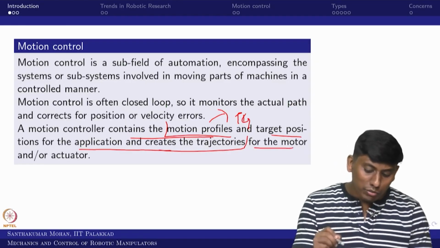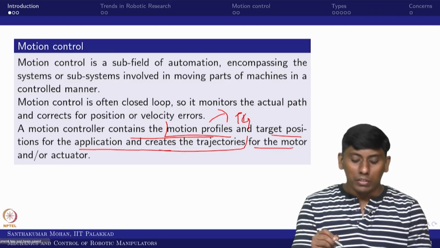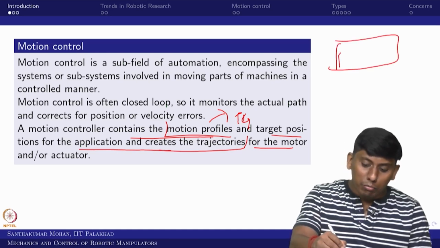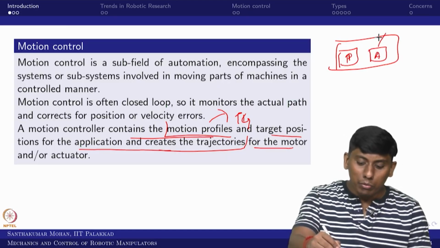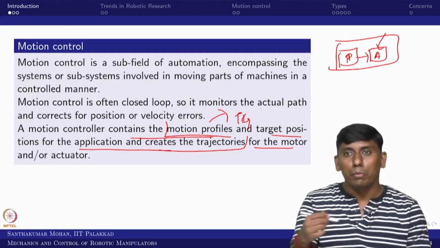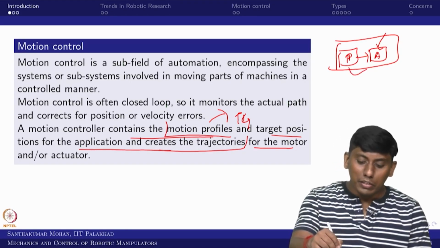Now we are trying to see how to control the motor or the actuator. The control system would have a trajectory planner and the actuating system, which requires some kind of control command or relation between these two.